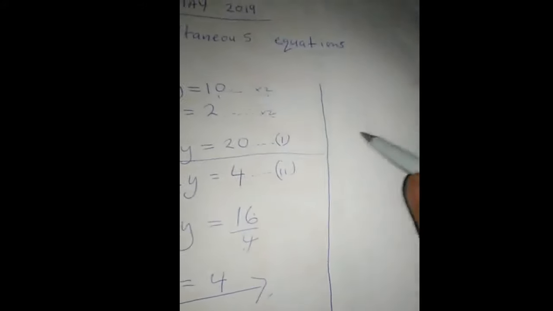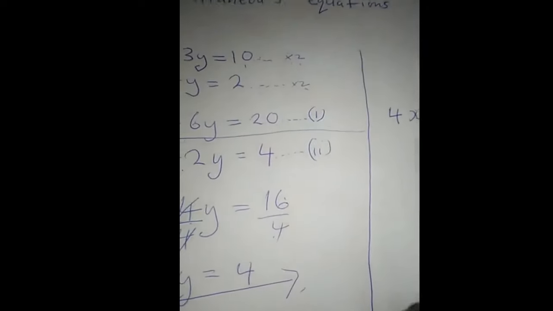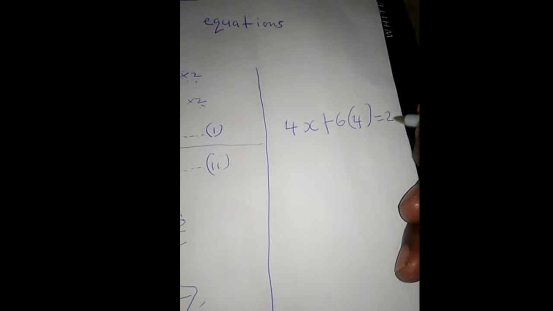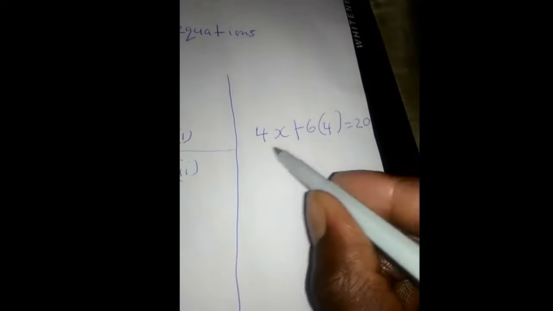That is, I'm saying 4x plus 6, I'm not going to write y, I will replace y with 4 here, which equals 20. And I will simplify this one.